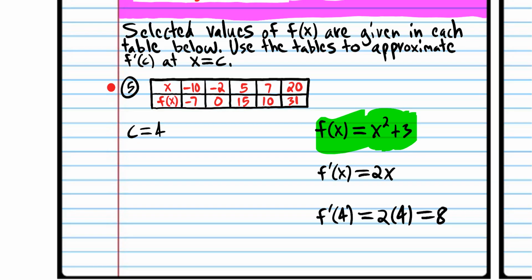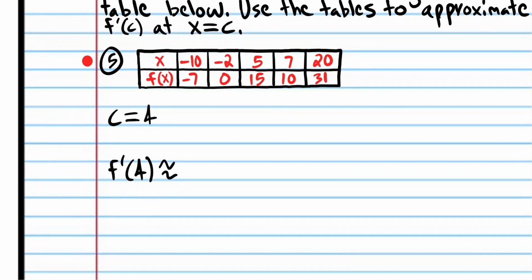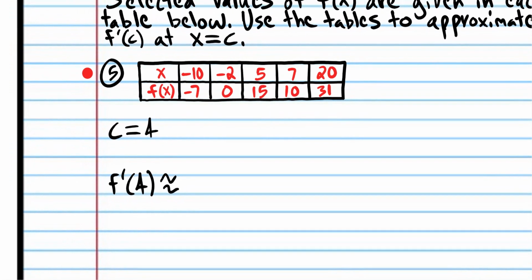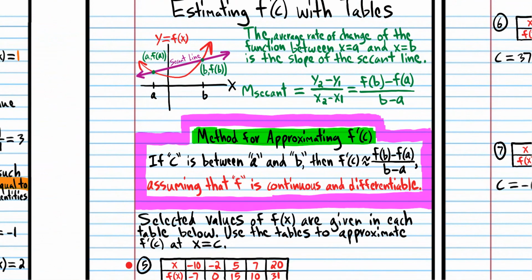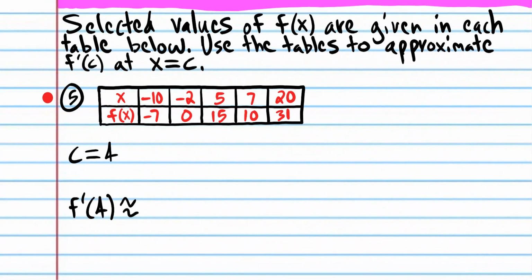All we have is a table. So we have to use the table to approximate f prime of 4. So f prime of 4, the instantaneous rate of change of the function at x equals 4, is going to be approximated using the method that we talked about before. We're going to use the average rate of change.